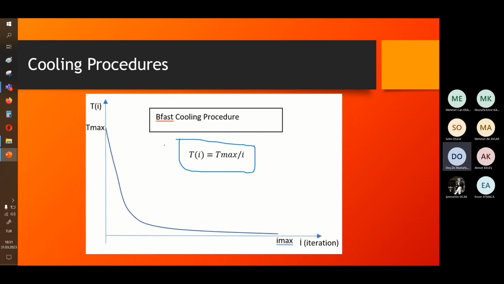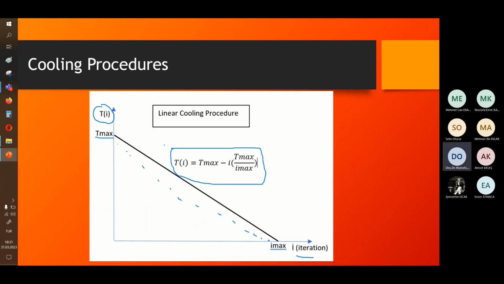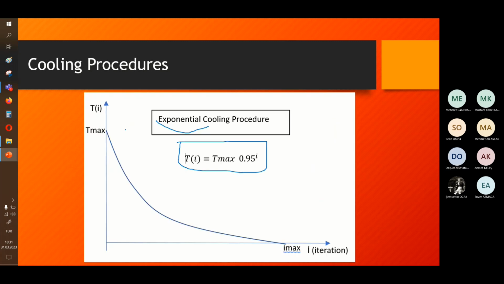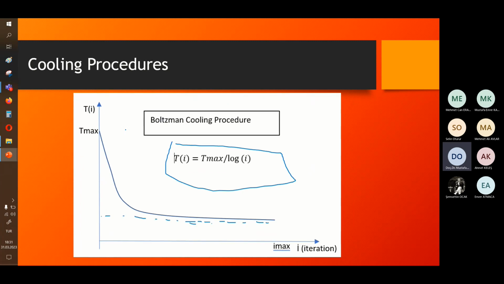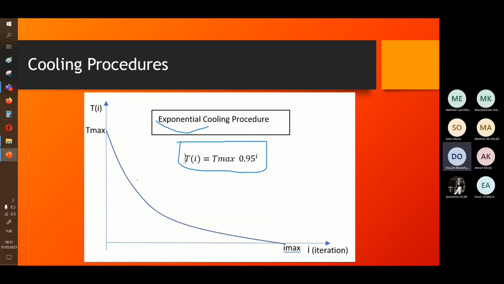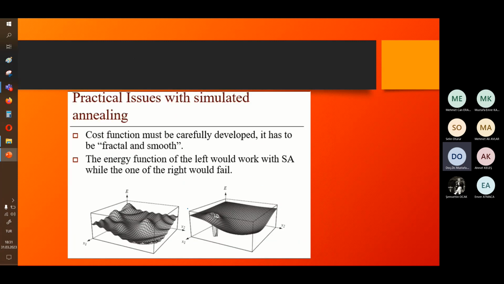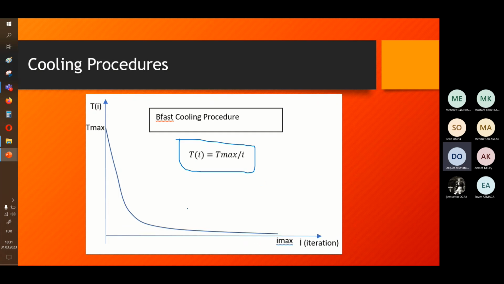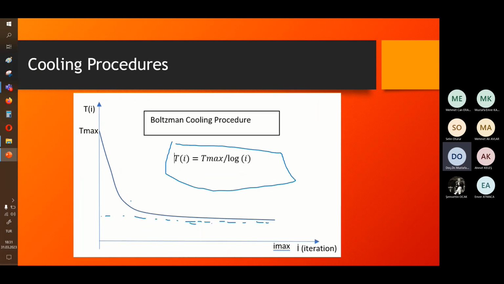So cooling is an important concept of the annealing process. In simulated annealing, we will need a temperature value, and that temperature value is always quite high at the beginning. As you can see, it is always high. Then it is cooling down, sometimes linearly, sometimes exponentially, usually exponentially.